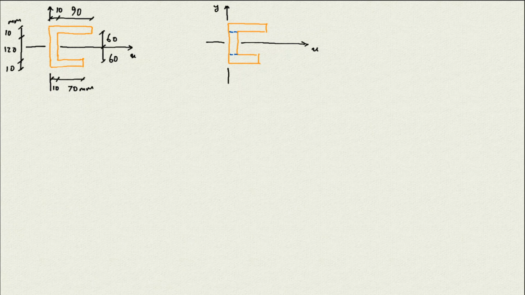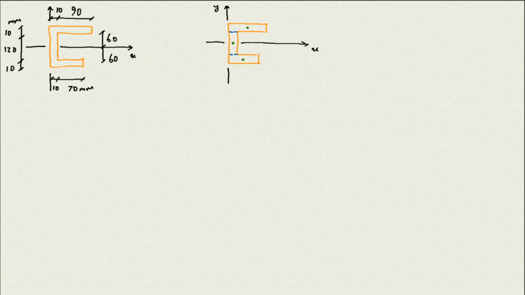And I will find, so first of all I said, okay, this is the centroid of these 3 parts. So the centroid of the first one, the second one, and the bottom part, the third one.